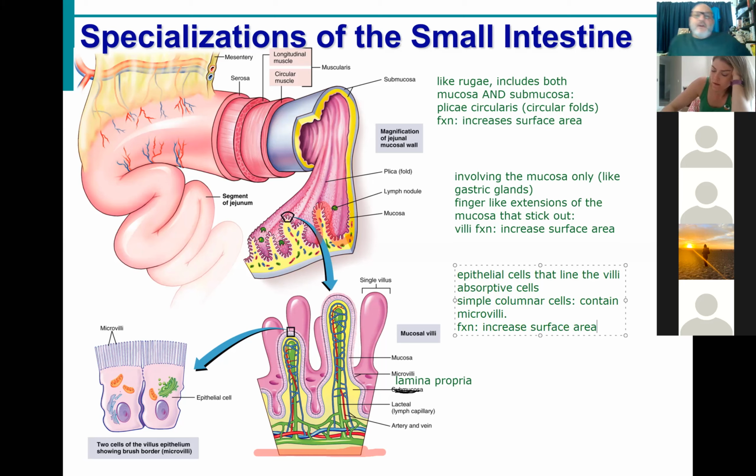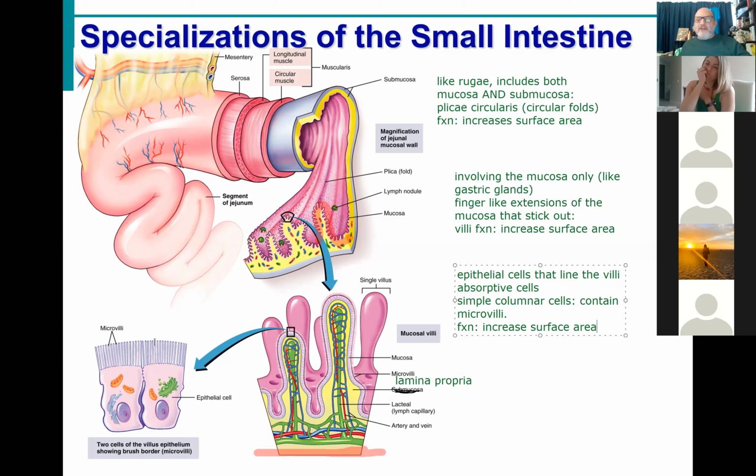Notice there are these three major specializations to our small intestine. The mucosa and submucosa form big folds, and these big folds are the plicae circularis, the circular folds. On those circular folds, lining the entire surface, are small villi sticking out with those finger-like extensions to increase surface area. And lining the entire surface is the simple columnar epithelial tissue, containing microvilli, which increase surface area. We have these three massive specializations that help to increase surface area.